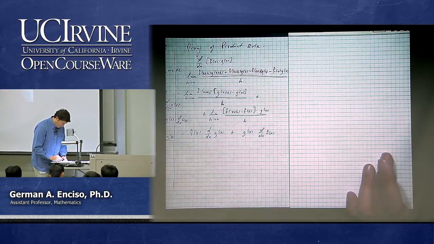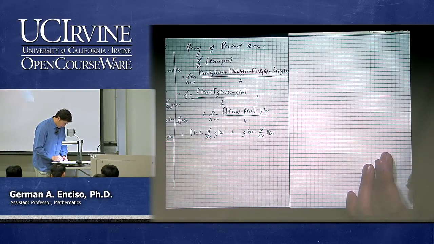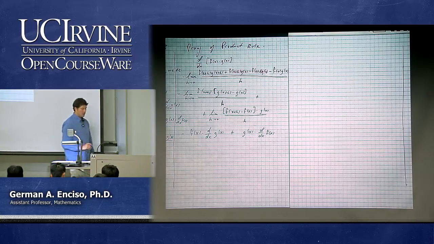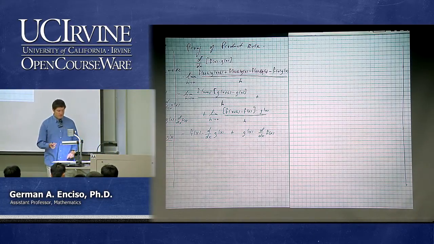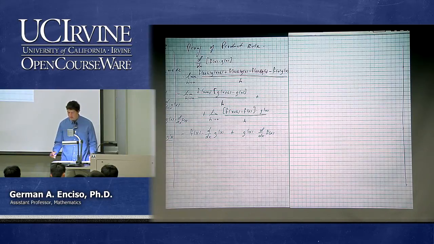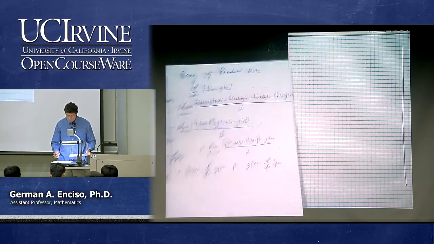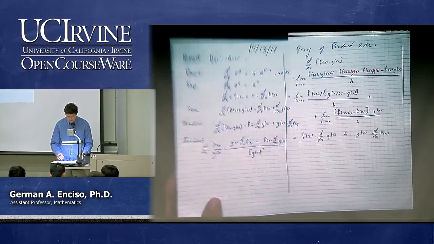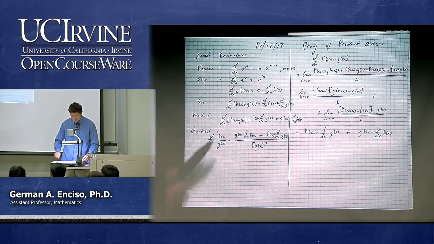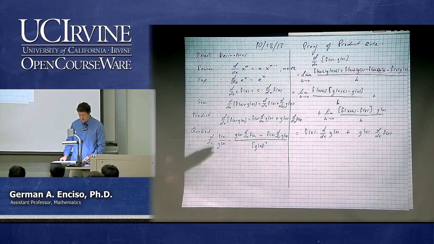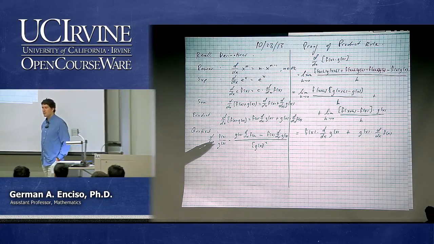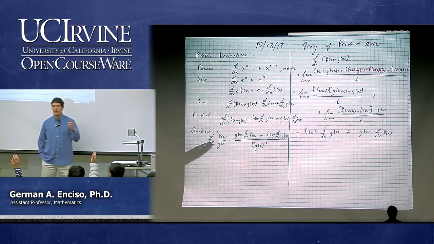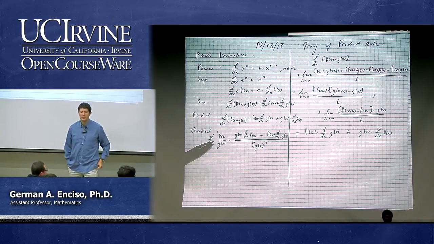Okay, one could also do the derivative of the quotient rule. In fact, what I'm going to do is defer that proof for a couple of lectures. As a matter of fact, you can always write, let me go back here for a moment, f of x divided by g of x as a product. Can anybody tell me how I can always write this quotient as a product? Yes, over here.